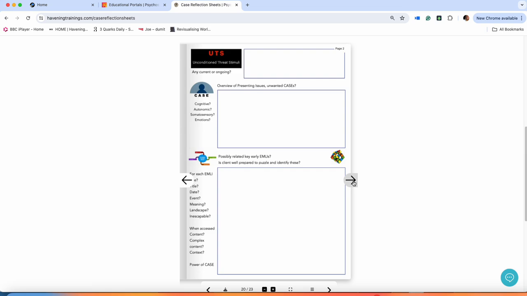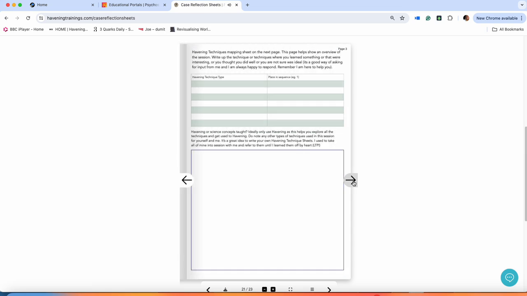Because we don't really work with the presenting issue, we're usually working with the brain structure that's generating this presenting issue, we're going to be looking for key EMLI. So you would write that up, because that's where you're going to work, and then you would be working out what you're going to do.